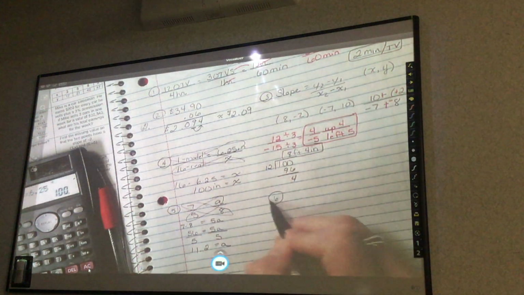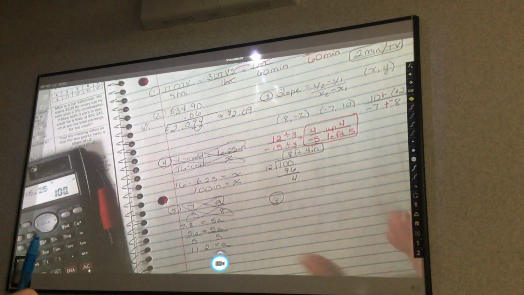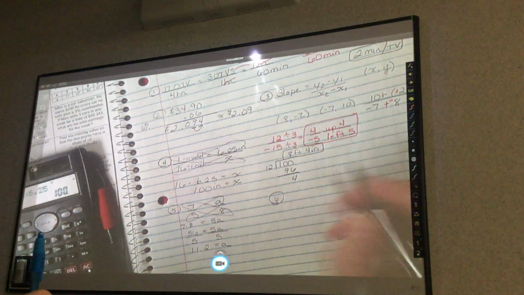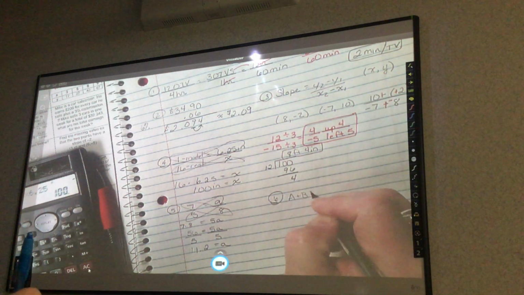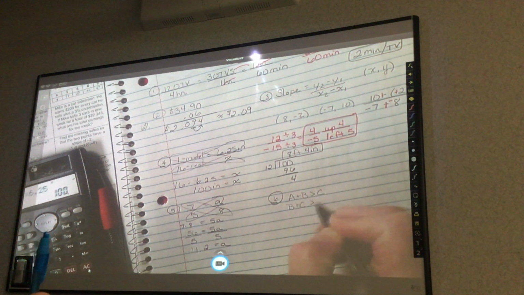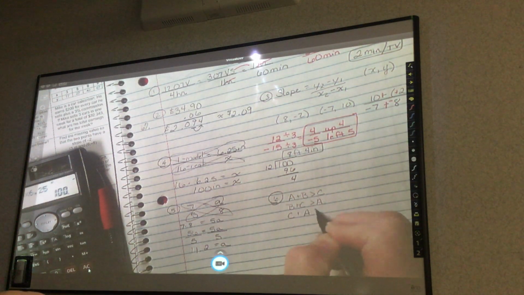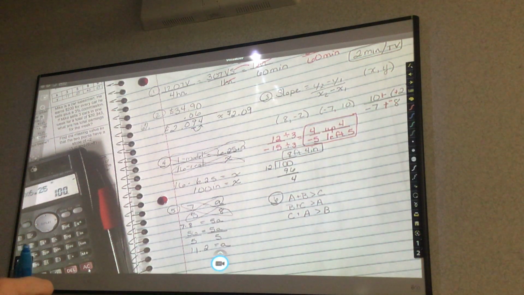Number 6. The lengths of two sides of a triangle are 4 and 6. Which measurement cannot be the length of the third side? You need to write this down. Side A plus side B is greater than C. Side B plus side C is greater than A. Side C plus side A is greater than B. If you don't have it written down, you need to write it down.